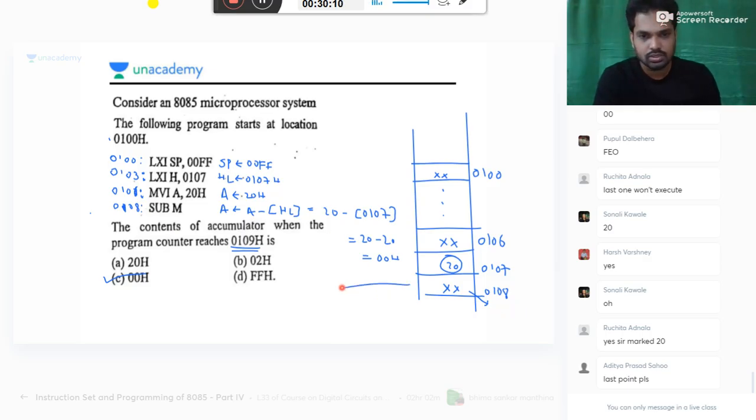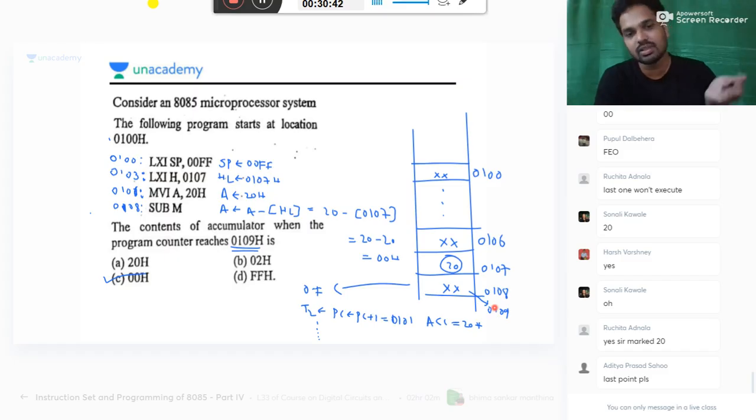So you know this, it is having opcode fetch. In the T2 state, PC will be loaded with PC plus 1, that is 0101. At that time, your accumulator is equal to only 20H. Then after completion of this, it will understand it is a SUB instruction, and then in the next clock it will do the original operation of subtraction.